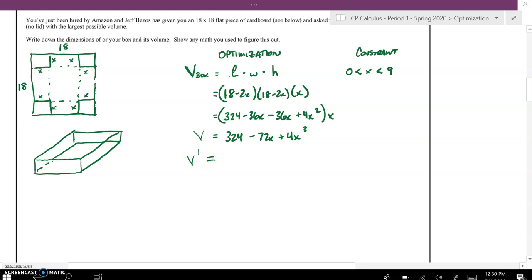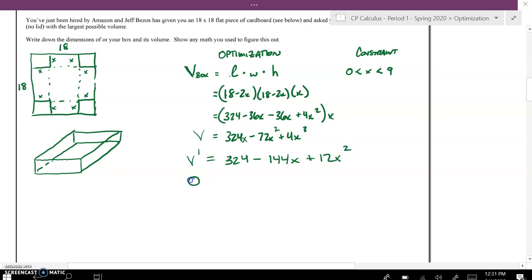The derivative of this equation, sorry, this should have an x here, should be squared, turns out to be 324 minus 144x plus 12x squared. And that comes from just doing the simple power rule.